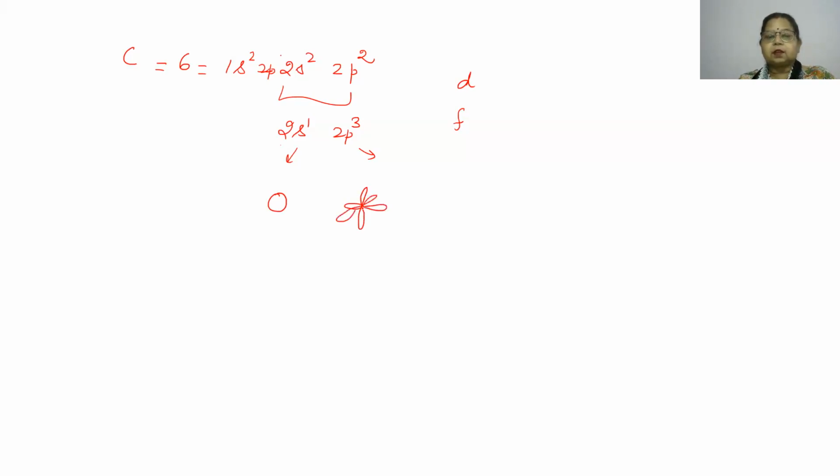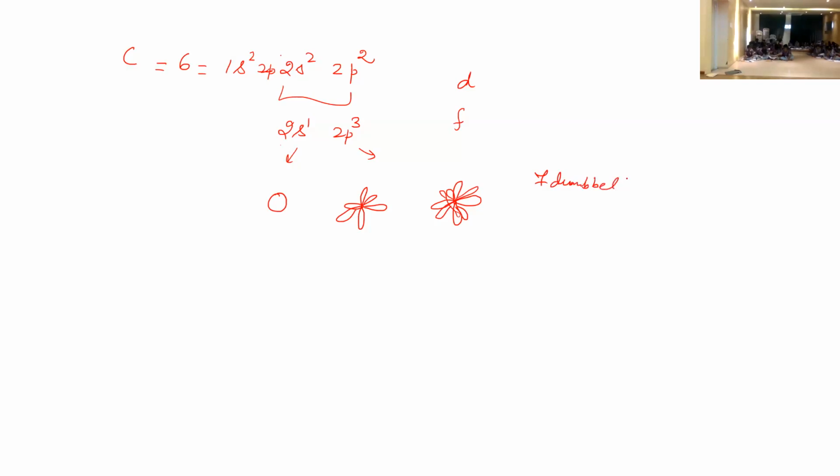For D, we draw 5 dumbbells. And for F, it is still difficult to draw, as it has 7 dumbbells, right? So we say they have a pretty large surface area.